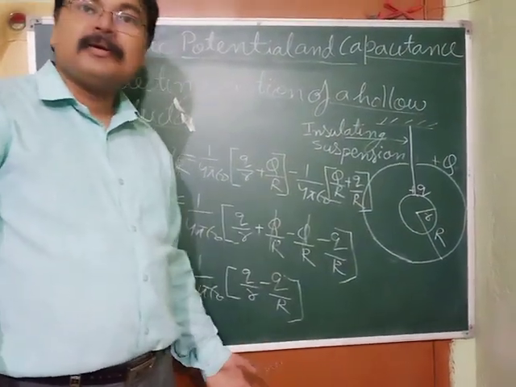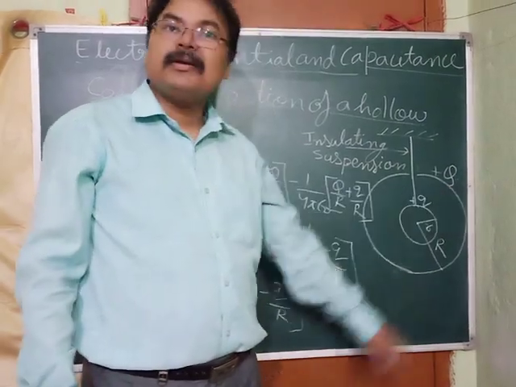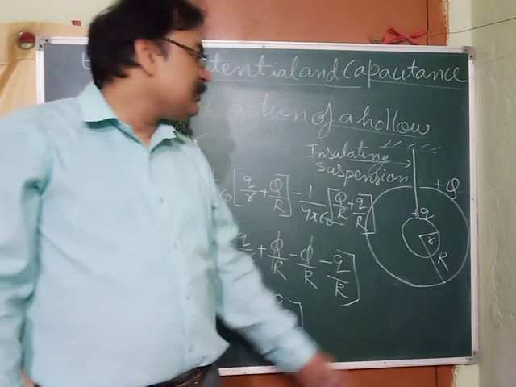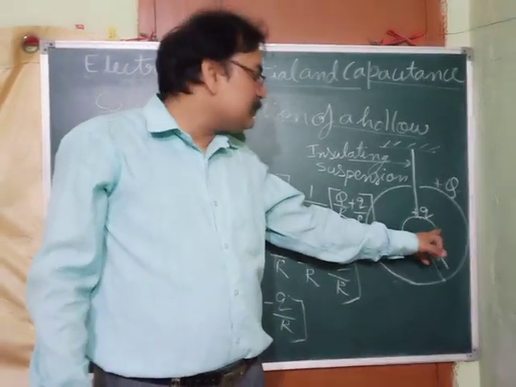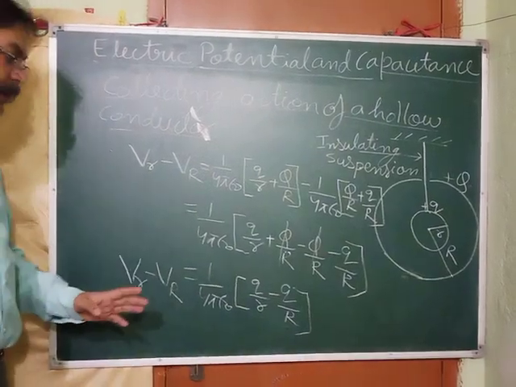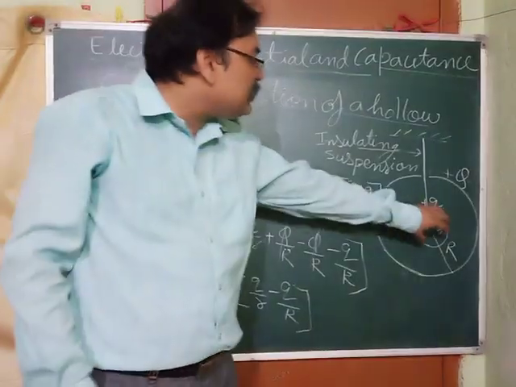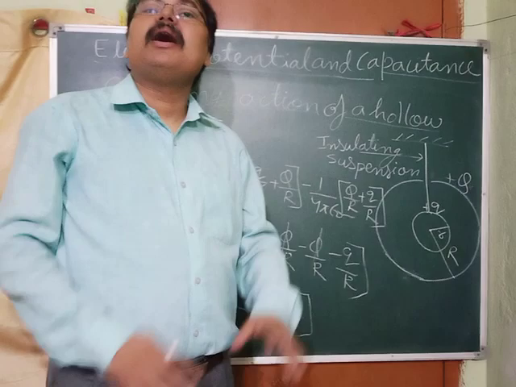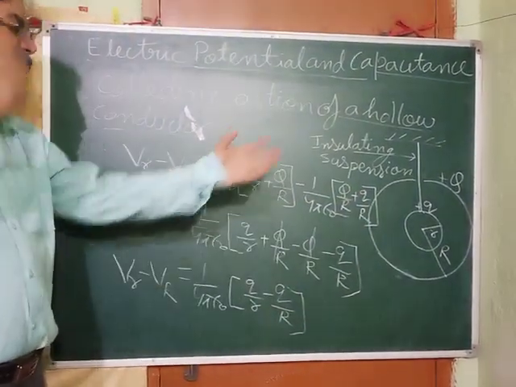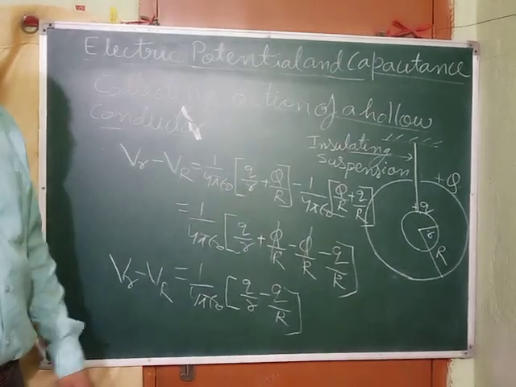So what will happen if you connect them through a conductor? The charge will flow from where to where? Obviously, from the inner spherical cell to the outer spherical cell. Until when will it flow? Till the whole charge of the inner spherical cell reaches the outer spherical cell, because only then will the potential difference become zero.